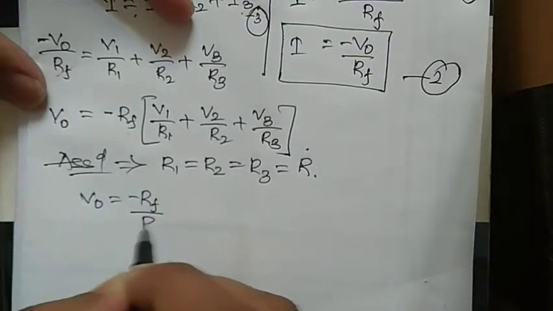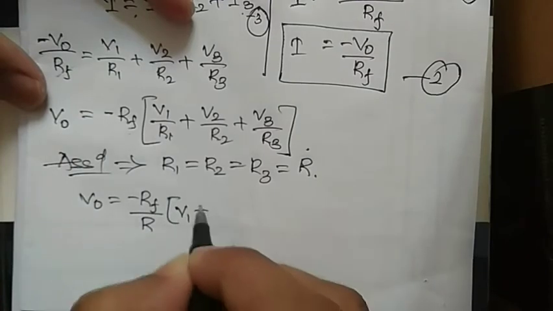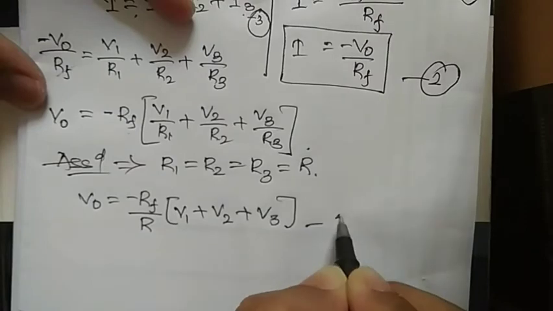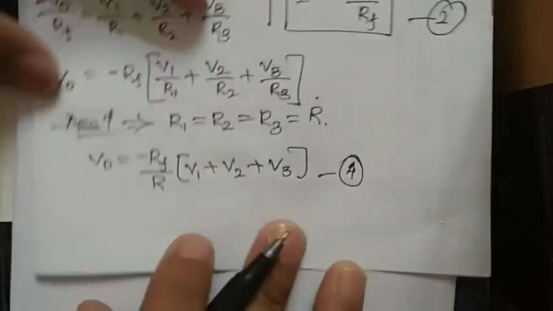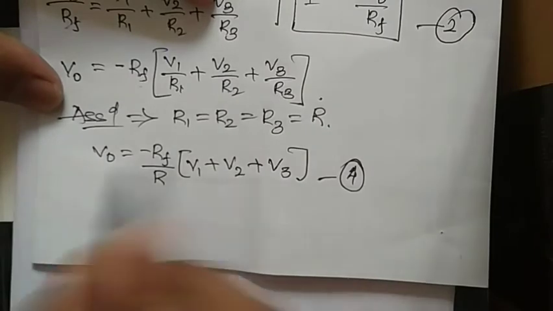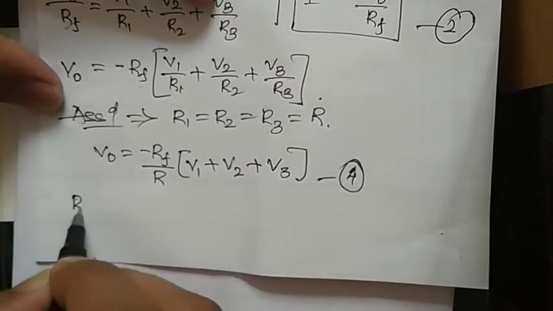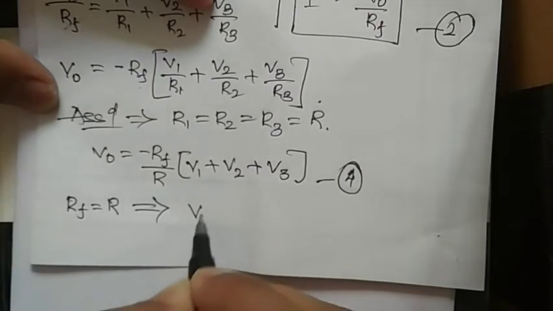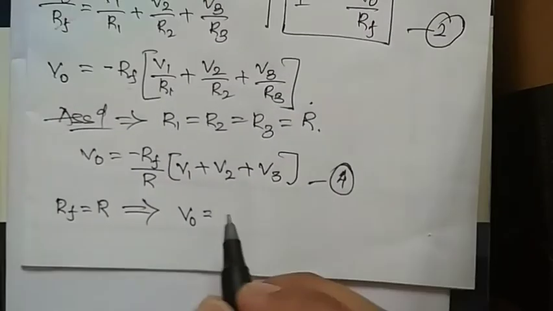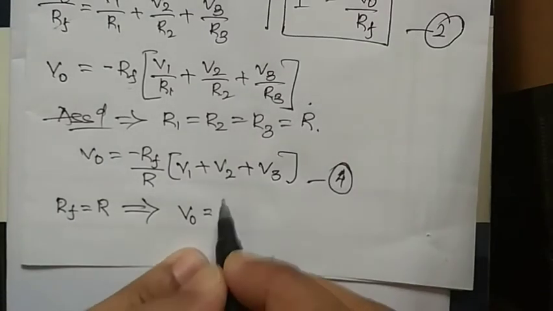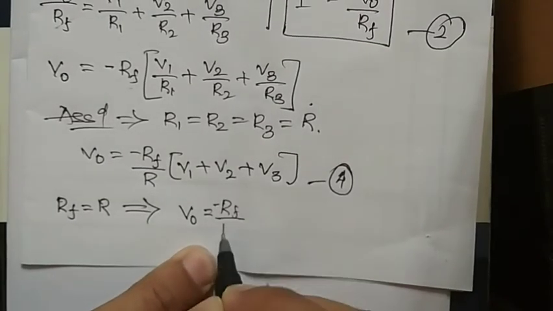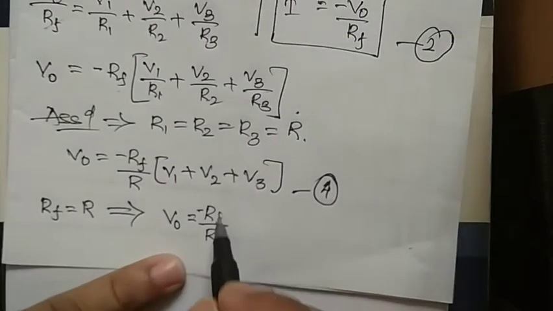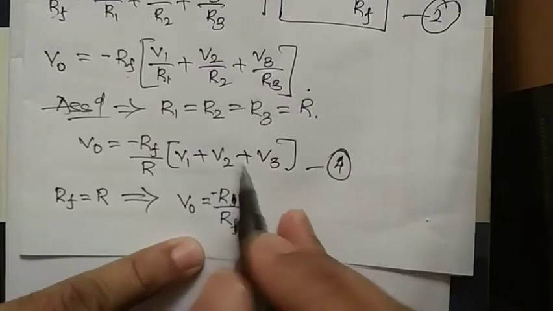So RF divided by R into V1 plus V2 plus V3. This is the general equation for the summing amplifier. Next, another assumption we have: when we consider RF equals R, then what happens? The above equation becomes minus RF by R, and your R is also equal to RF, so you can consider that as R by R.